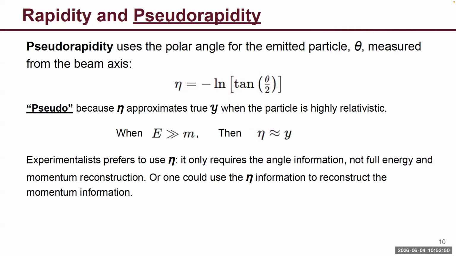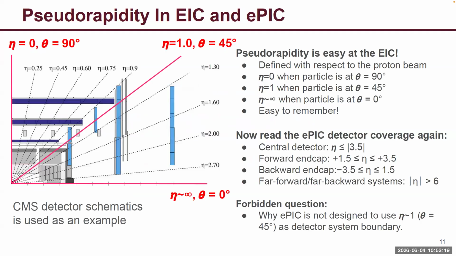The pseudorapidity is approximately the true value of the rapidity when the particle's energy is much higher than its mass; then these two values are approximately equal. And we prefer this because it's simpler.